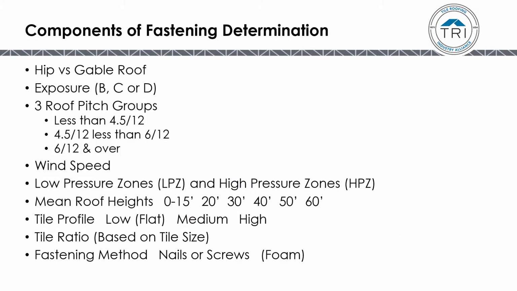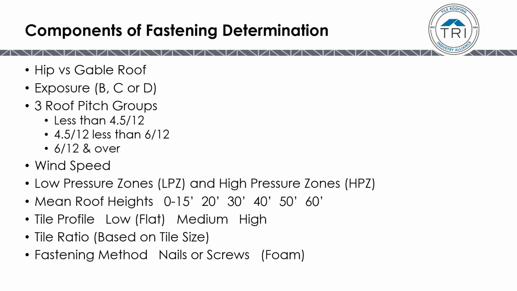Let's look at the components to determine our fastening. Is it a hip roof, a gable roof, or a combination of hip and gables? What exposure are you in, B, C, or D? Exposure definitions can be found on page 50 of the FRSA TRI guide. What's your roof pitch? There are now 3 distinctive roof pitch groups.